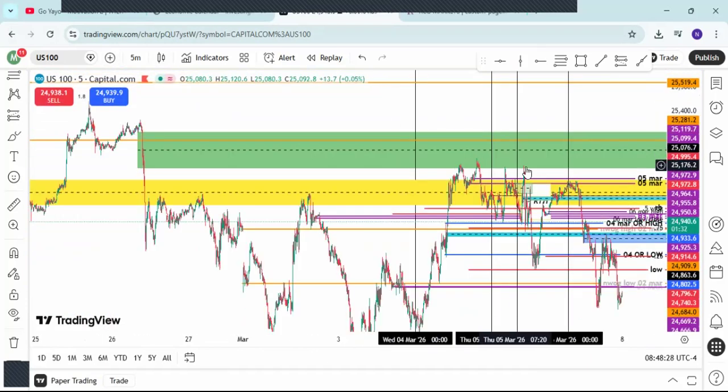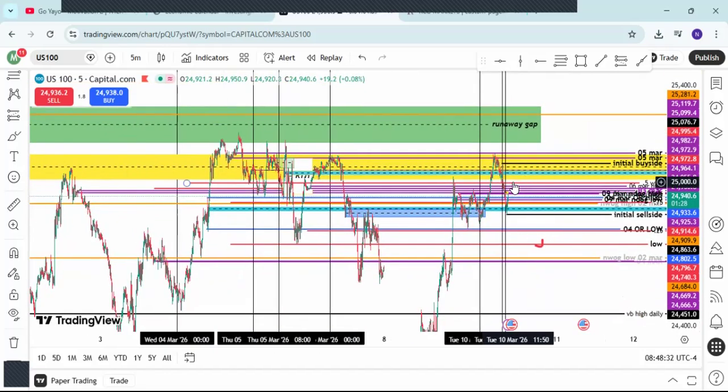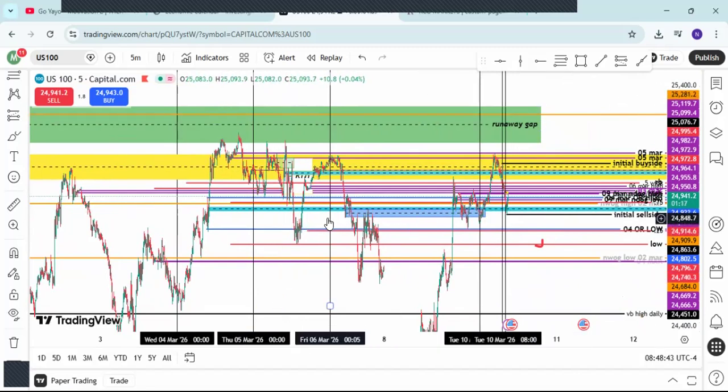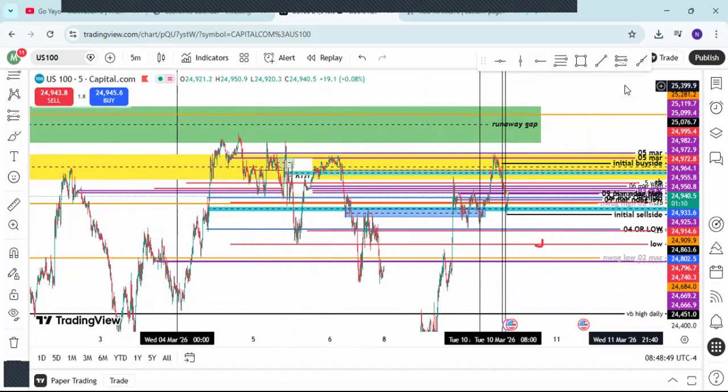I'm talking about these ones here, these highs here, right? If we go above, we'll be going above these highs here. So this is nice.